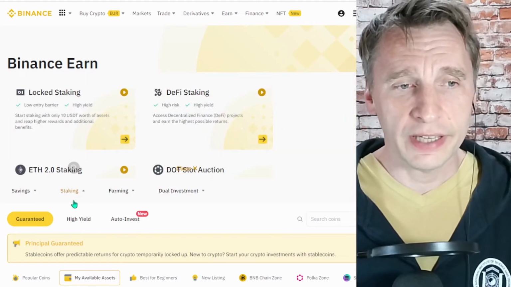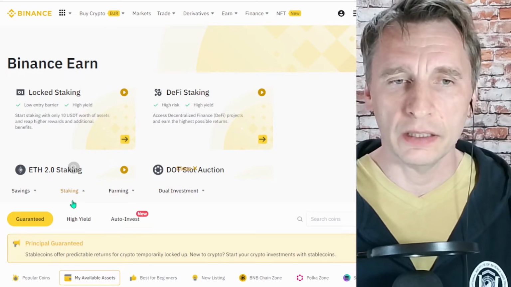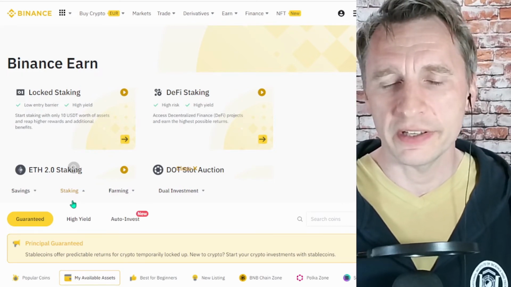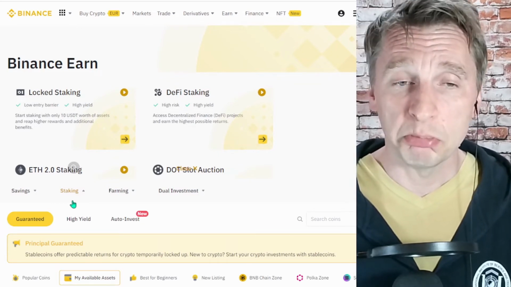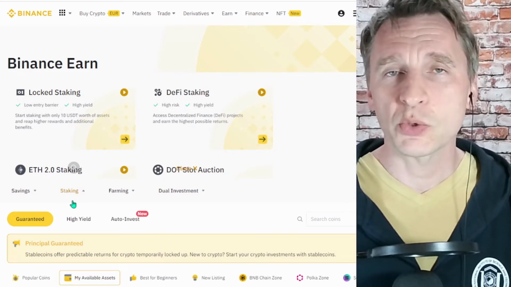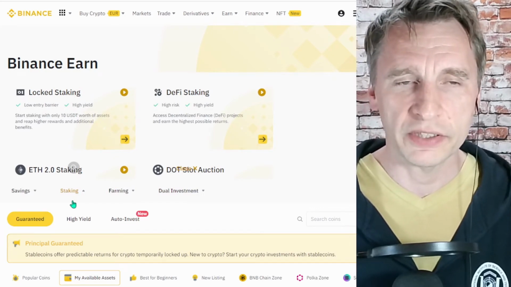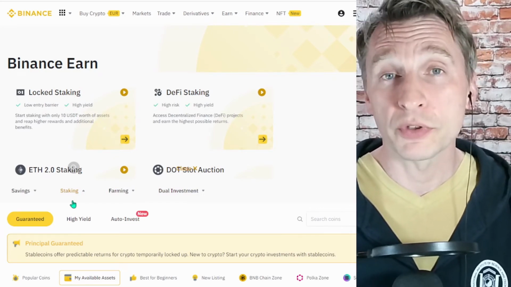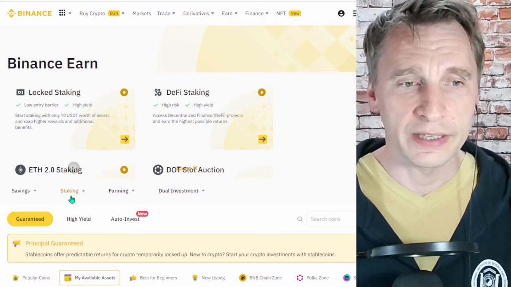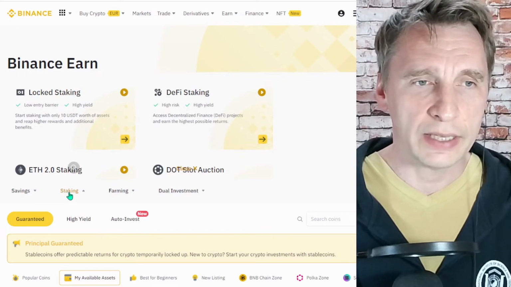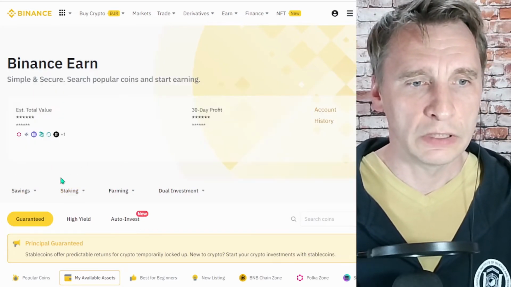So how does staking differ from savings? Basically, when you stake your tokens, you stake them for a larger percentage of return, but it also takes away the flexibility of flexible savings, being able to withdraw your tokens within 1 or 2 days. So if you go into staking, where is it here?